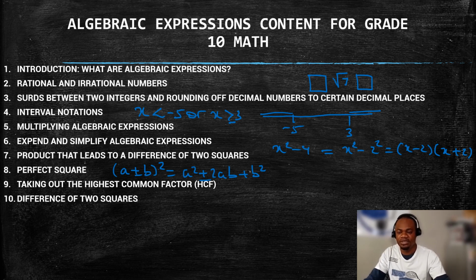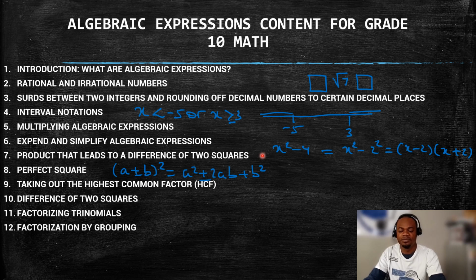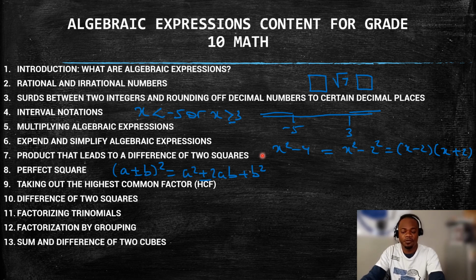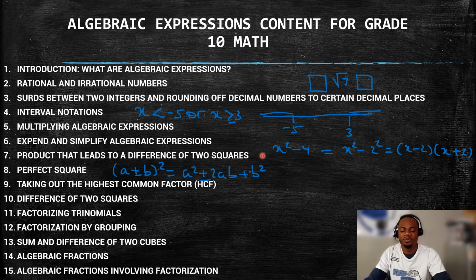This is similar to the product that leads to the difference of two squares, but the other way around. And then we talk about factorization of trinomials, and we did many types of trinomials, factorization by grouping, sum and difference of two cubes, and also algebraic fractions, and finally algebraic fractions that involve factorization.